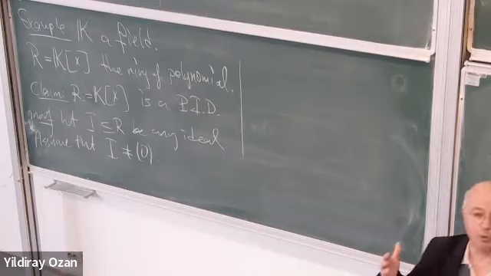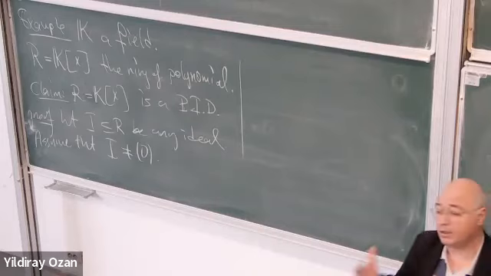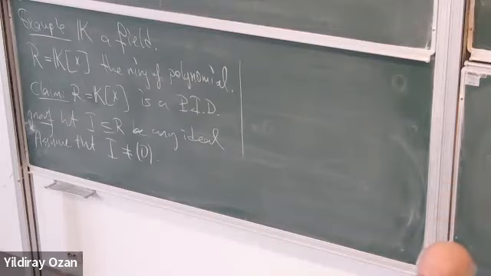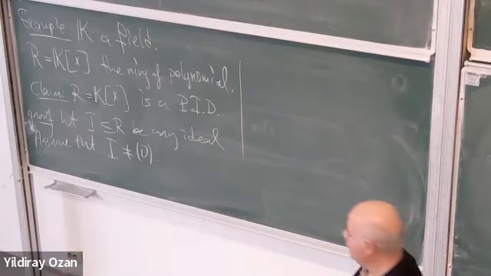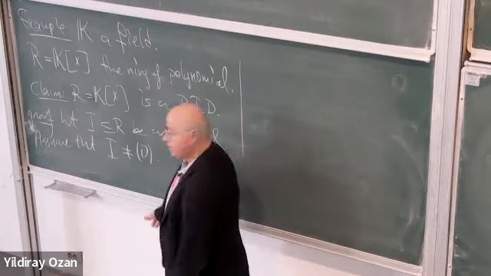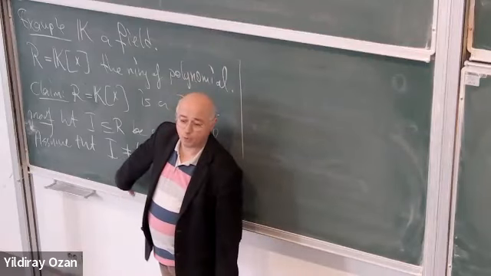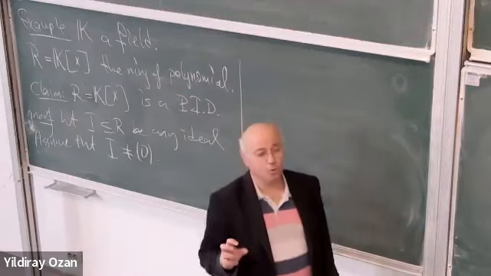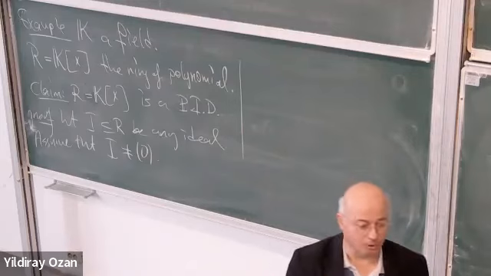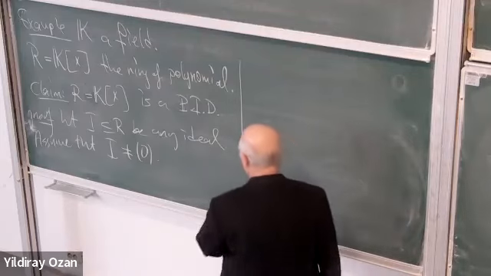Every non-zero polynomial has a degree. If it is a constant polynomial, then it has degree 0. If it's not constant, the degree might be 1 or 2 or 5, whatever. Now, let's just choose a polynomial in this ideal whose degree is minimal.